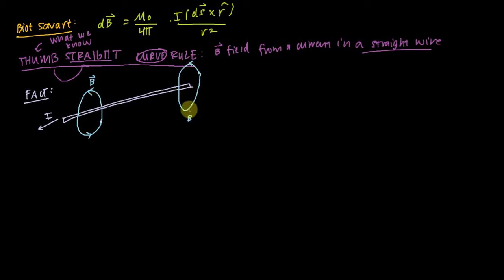And another important thing is this magnetic field actually drops off as you get further and further away from the wire. So here, really close to the wire, this is going to be a strong B field. But here, far away from the wire, this is going to be a weak B field, okay? So close, that makes sense.